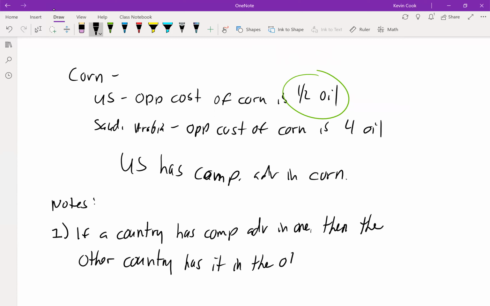In this case, we first saw that Saudi Arabia had the comparative advantage in oil. Since they had the comparative advantage in oil, the US would have it in corn, and that's just a matter of fractions.